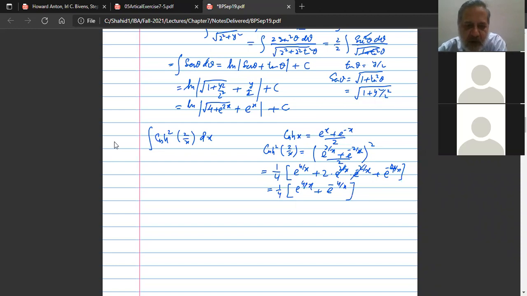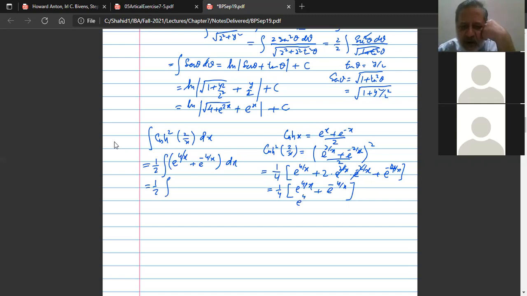So this cos hyperbolic square 2 by x can be written as 1 upon 2, integral of e power 4 by x plus e power minus 4 by x. Now, how to handle this is still tricky, and we can do a few things with this.